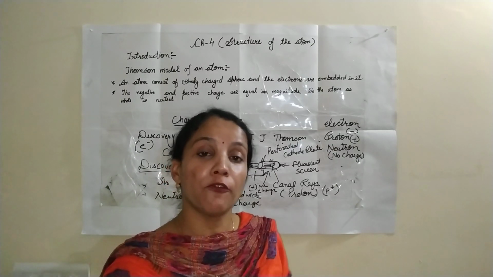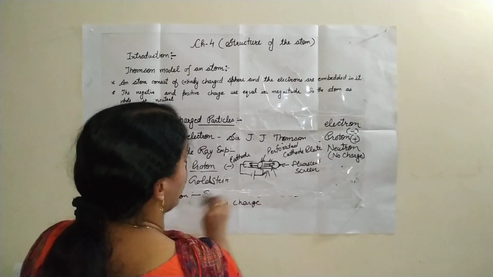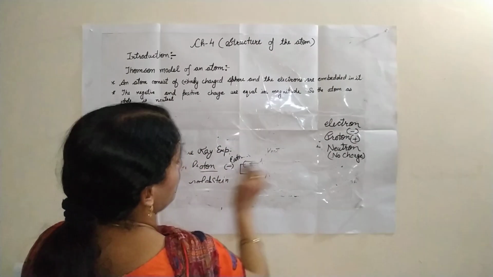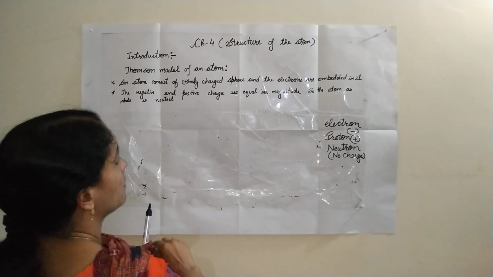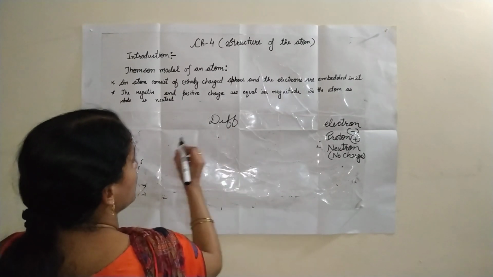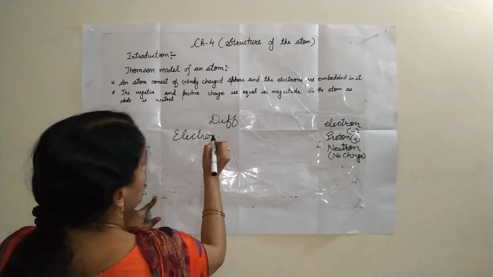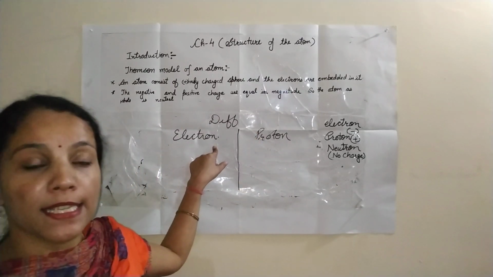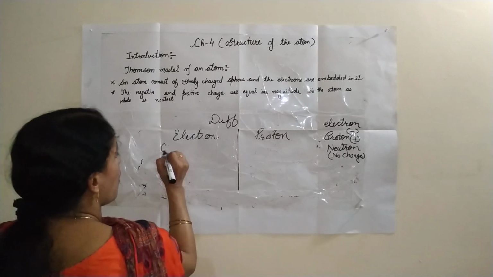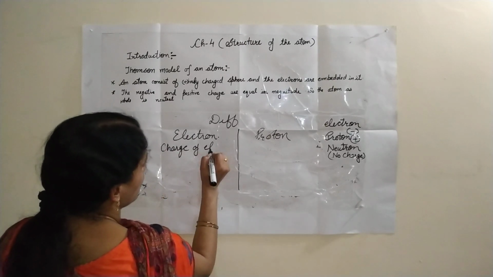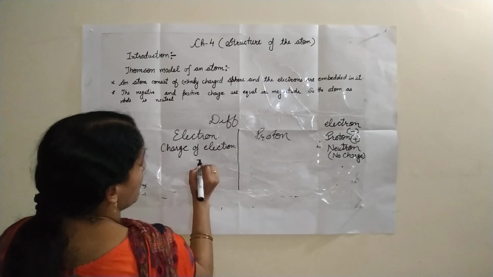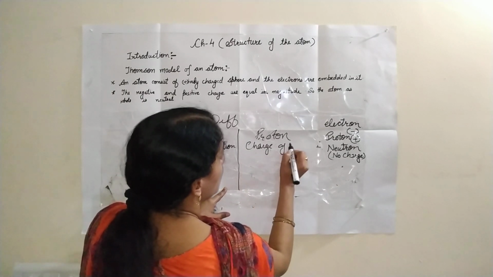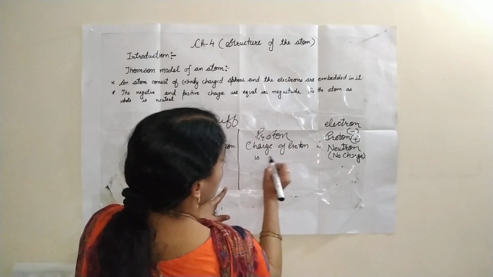After this, there is the difference between proton and electron. First difference is the charge of electron is -1. On the other hand, the charge of proton is +1.